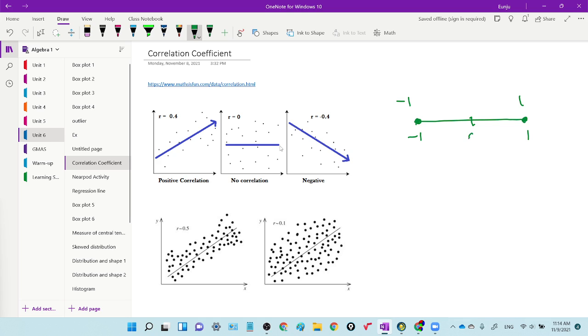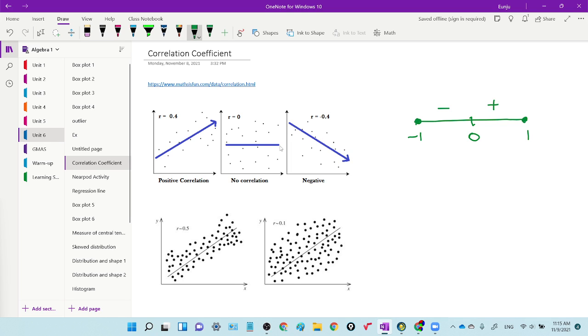So there is 0 in the middle. That means no correlation. So it's just random. And we have a plus minus sign. So this is positive. This is negative. So we have positive correlation and negative correlation. So we have a direction for that.